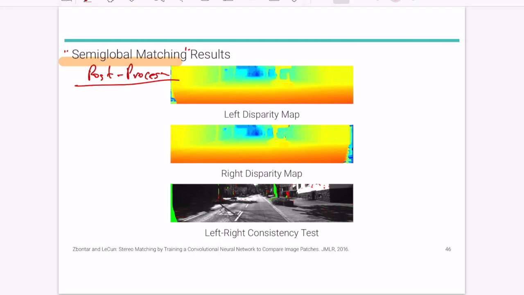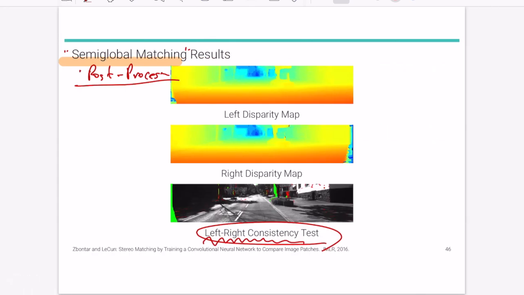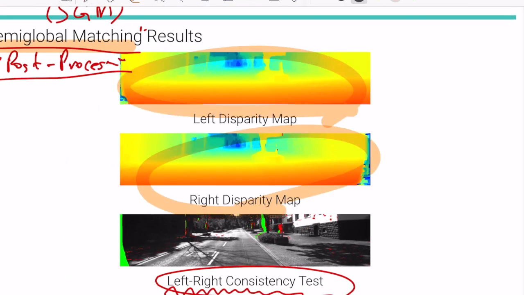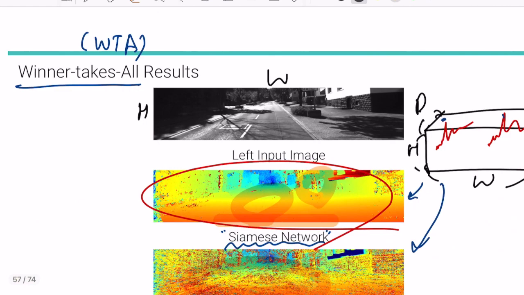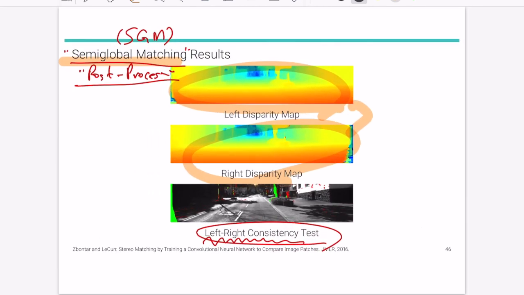So as we discussed in the previous slide, by applying the left-right consistency given such output, then applying the post-processing, which is called SGM, or semi-global matching, then your left image disparity or right disparity, finally, it's going to look like this, which is much better compared to this winner-take-all performance. This shows the importance of post-processing in the stereo matching pipeline. Anyway, this is MC-CNN stereo matching by training the convolutional neural network.